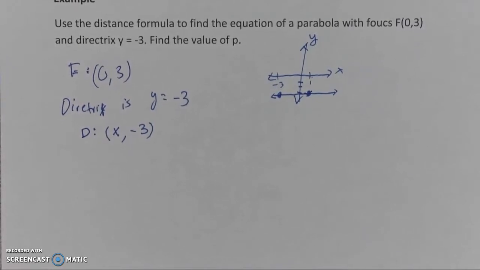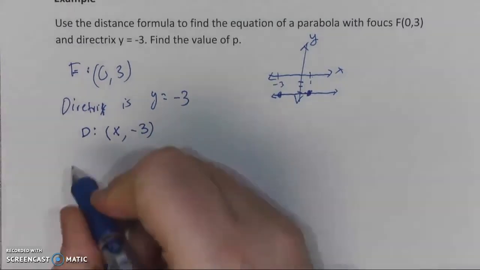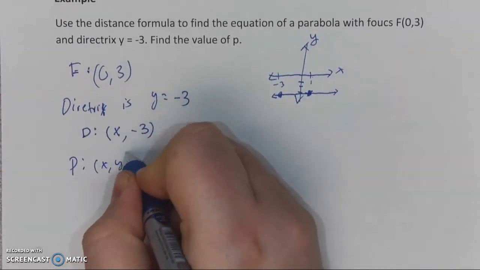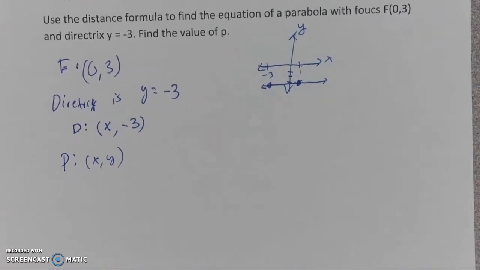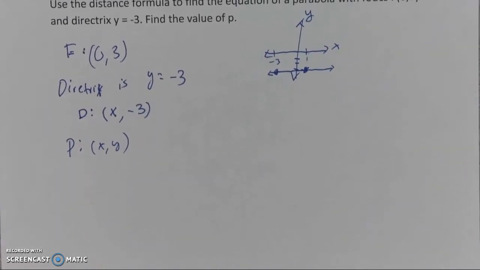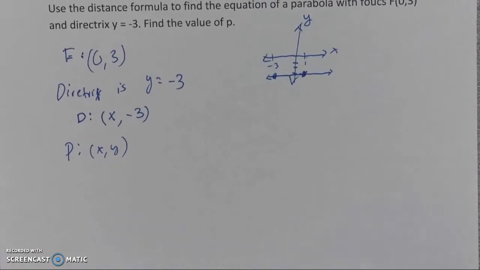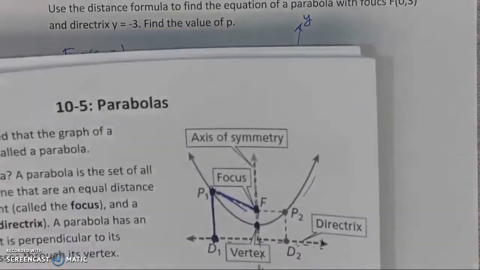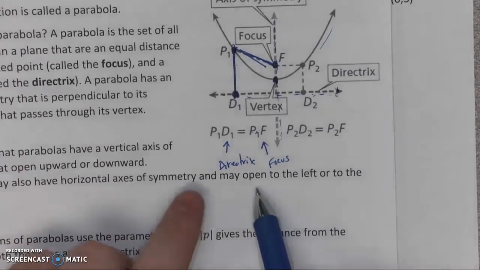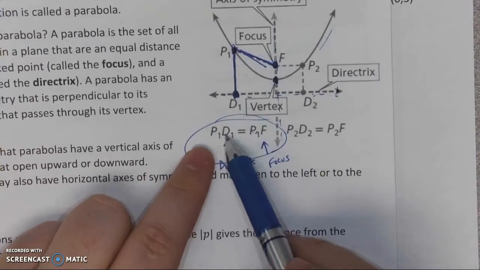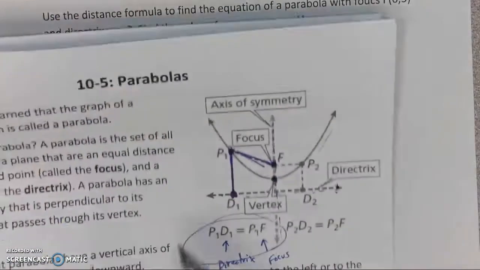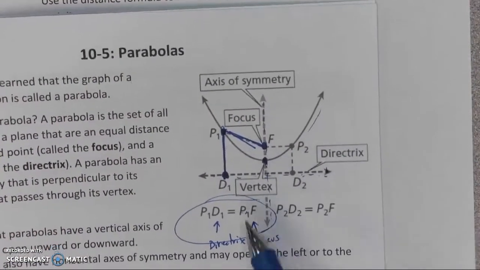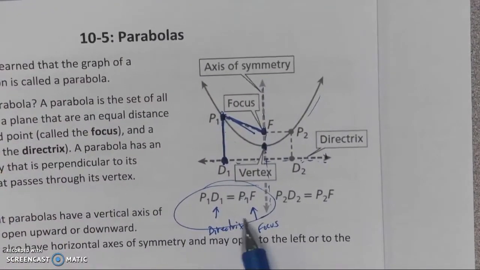And there's a point on the parabola. We don't know what the point is. We're just going to call it the point (x, y). So we're going to use the notation that your notes gave you on page 12, where they showed P1D1 equals P1F, where P was the point on your parabola, D was the directrix, and F was the focus.